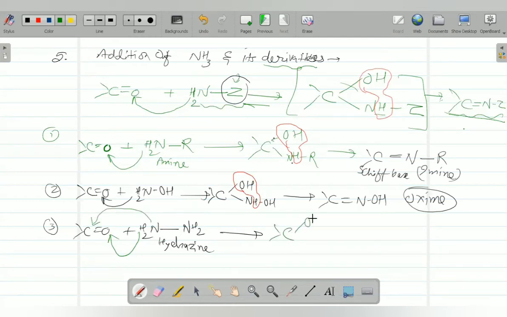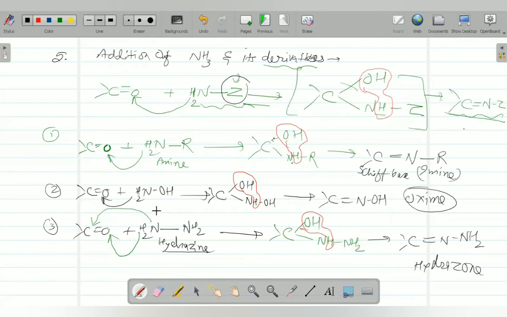So it will give us OH and the rest gives NH and NH2. Then remove the water, OH from here, H from here, and it makes a double bond with N and NH2. This is called hydrazone. Hydrazine gives hydrazone.